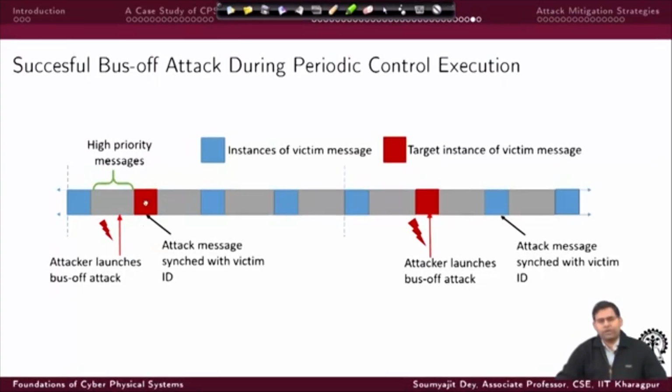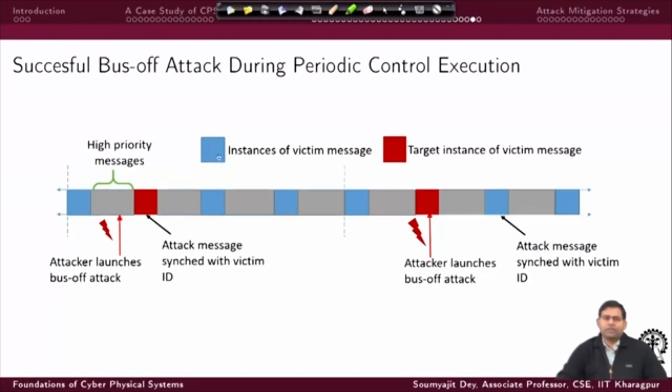That is how the bus attack works: you target a high priority message, which will not let you go, but you will be queued, and that gives you a synchronization point. You know that the moment this high priority message has gone, the victim's message, which has the same priority as mine, will get access to the bus, and I will also get access to the bus.